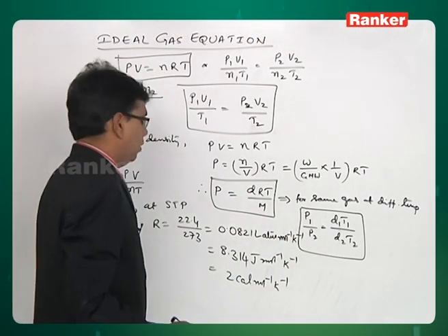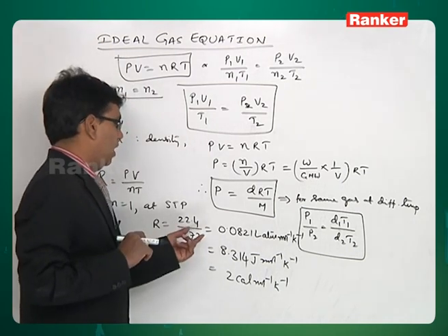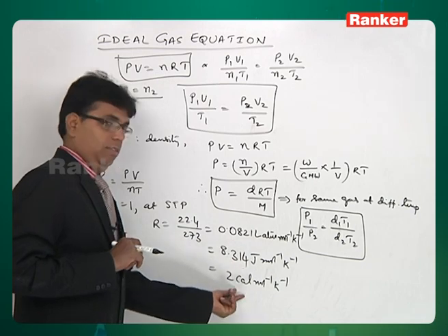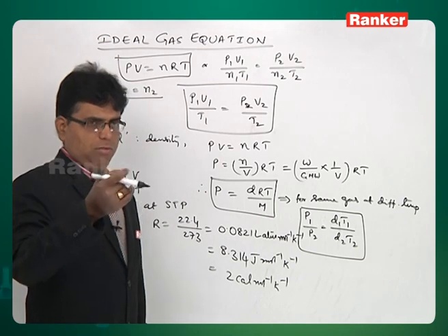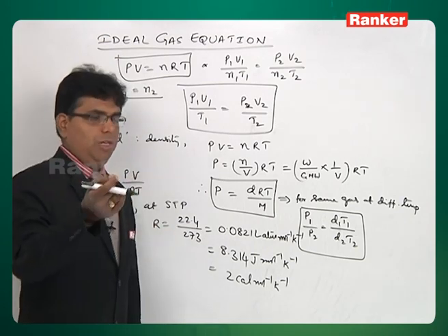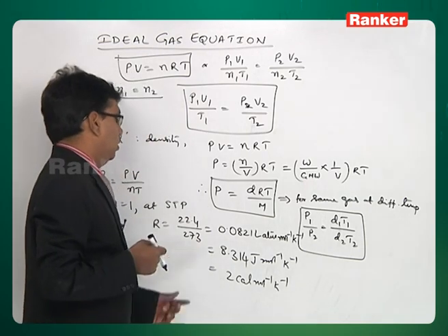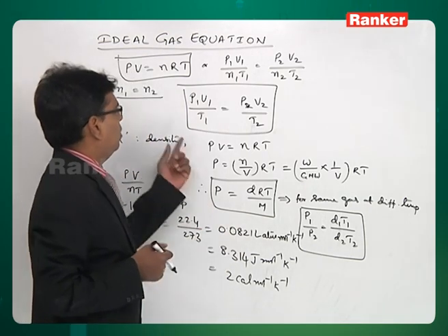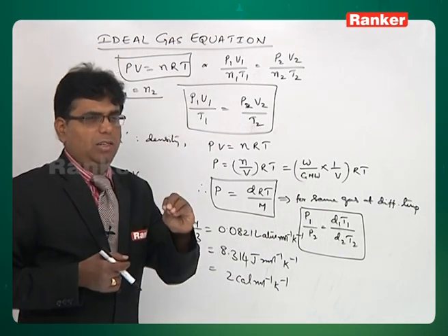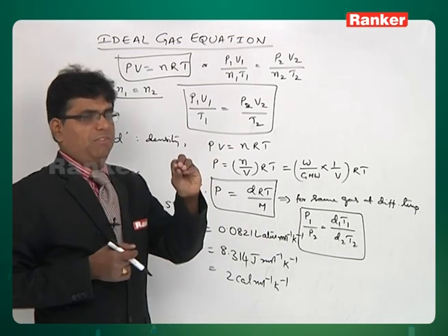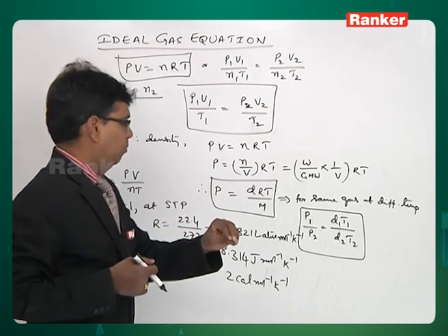Now, here one very important point is which value of R, in which units, we should take. This is where normally the students make a mistake while selecting the units and the value of R. In questions related to the ideal gas equation, in chemistry most of the time the volume will be given in liters and the pressure in atmosphere.